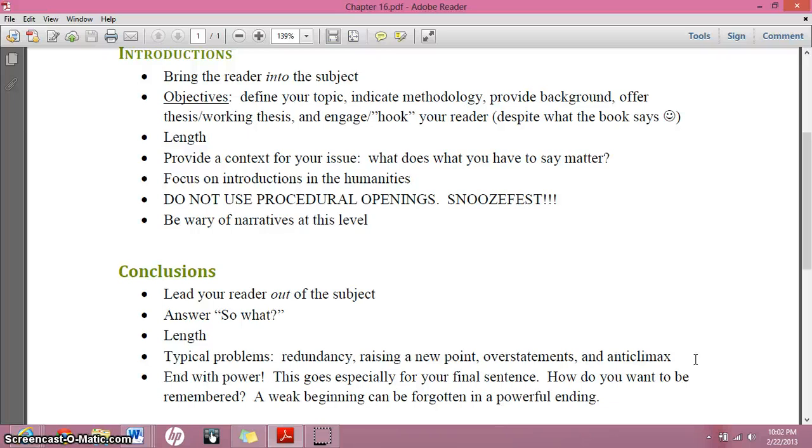So you have to think about how you want to be remembered. And this is why the conclusion is so important, because it affects your credibility. It affects how well your paper is received by your reader. It affects everything about it. And even if you have a weak beginning, as in maybe you didn't engage your reader very well, or you didn't introduce enough, maybe you didn't provide enough background information, to me that stuff can be kind of forgiven and forgotten if you conclude really, really well.